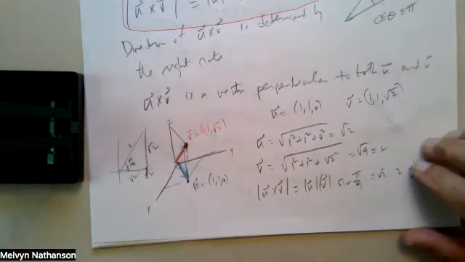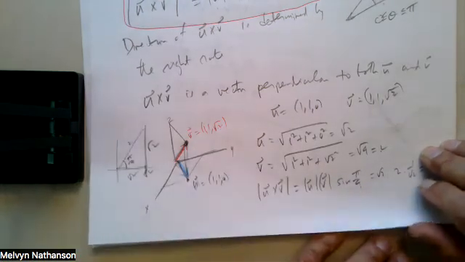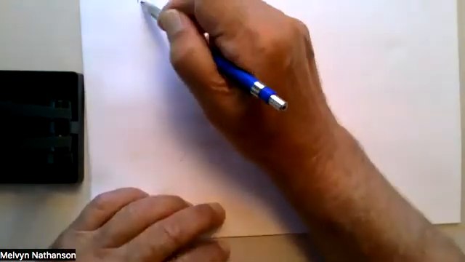Now, how do we calculate these things? That's actually very interesting. If you know the coordinates of u and v, how do you calculate the cross product? And we do that as follows. Let's look at one more special case.